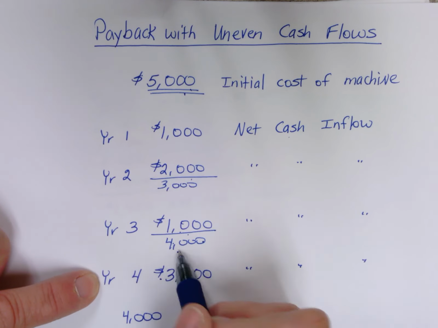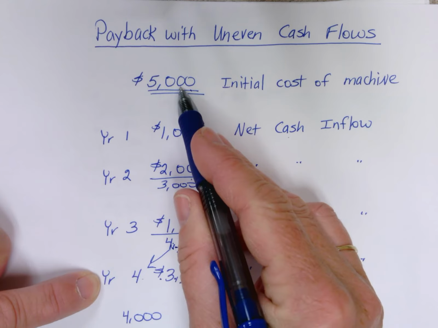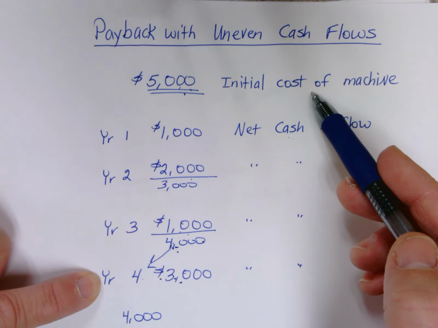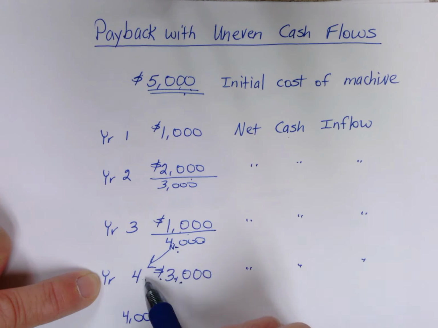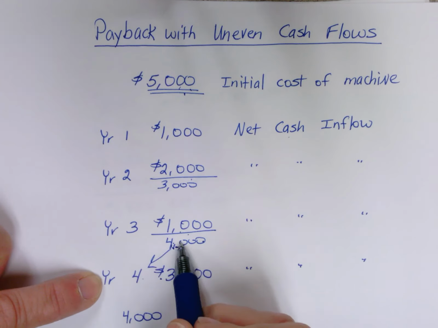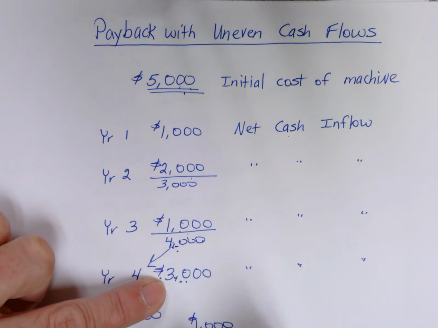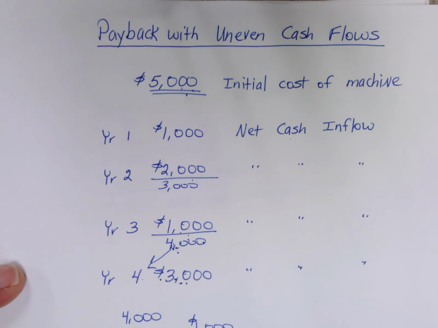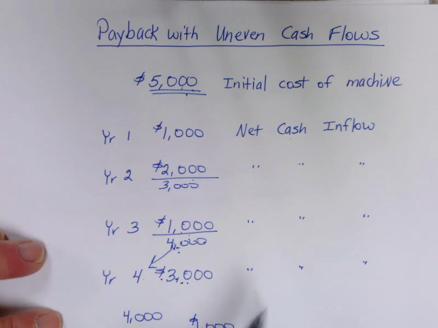Plus, we need to go partway into year 4's cash flow. We need $1,000 more, right? We're sitting at $4,000 net benefit. We need $1,000 more till we get to $5,000, our net initial cost. So we need $1,000 to get to $5,000 out of year 4's cash flow. Total is $3,000. So we need all the cash flows that happen through year 3 plus 1/3 of year 4.